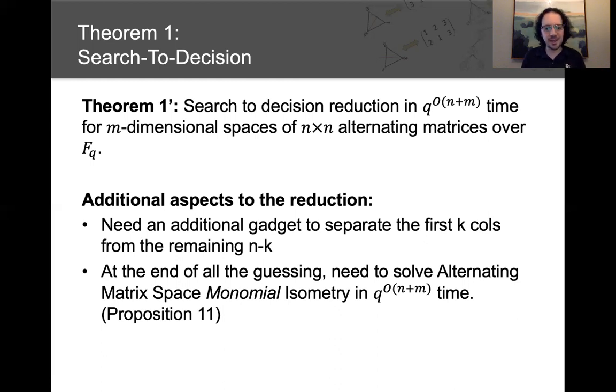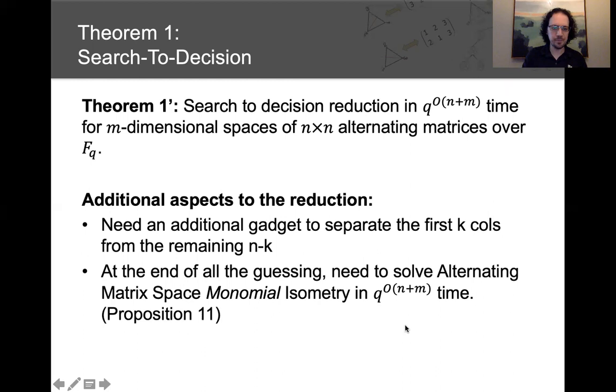The second thing is, at the end of all of this, we've guessed vectors, but we could have been wrong up to a monomial transformation, because our gadgets still allow monomial transformations. So the final step is to solve alternating matrix space monomial isometry, meaning is there an isometry X which is a product of a permutation matrix and a diagonal matrix.